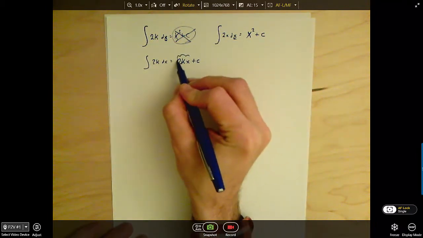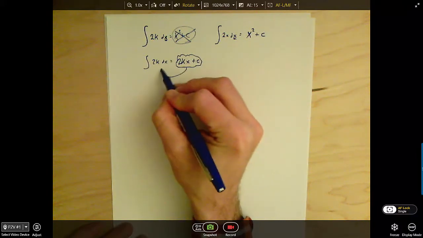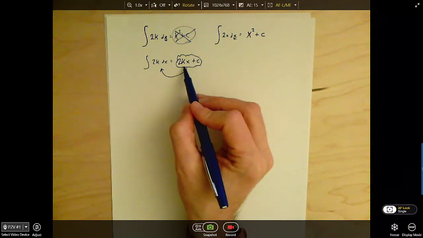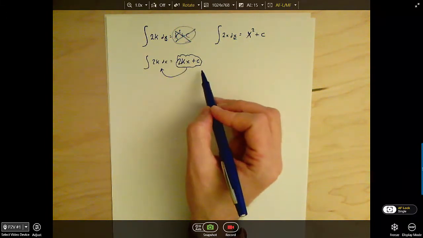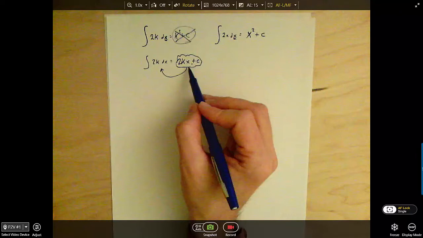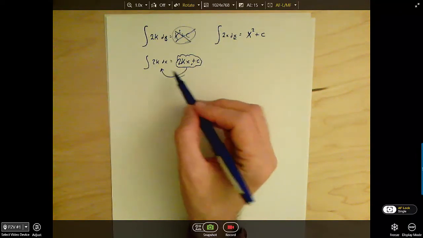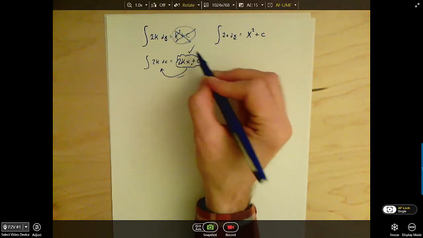And again, you can double check that. What if you take the derivative of this? That's like this 2k is like a constant, right? So you could say like 5x plus c. The derivative of 5x would just be 5. So the derivative of 2kx is just 2k. So that looks like it's worked.